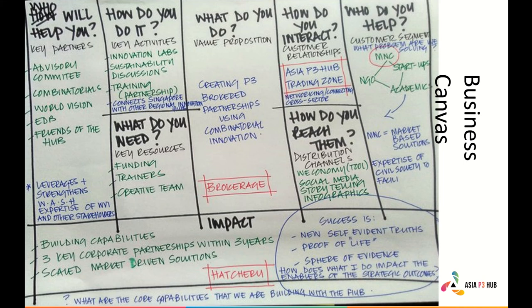Now, this is an example of the first business model canvas that we used. As you can see, we started off by asking a lot of questions. And the answers to those questions very much defined the direction that we took and the things that we needed to do.